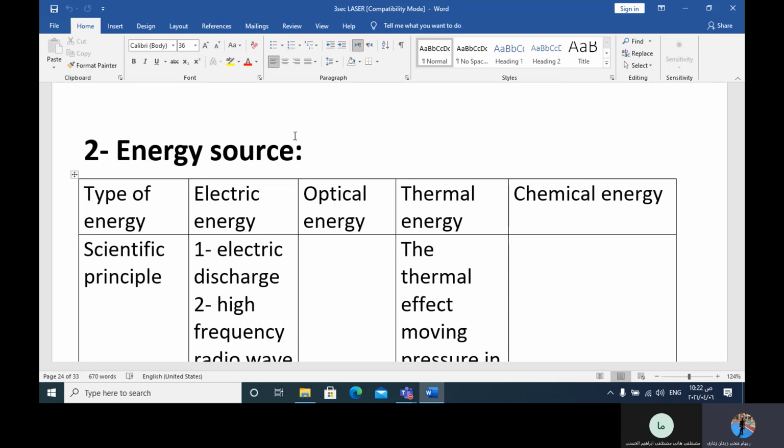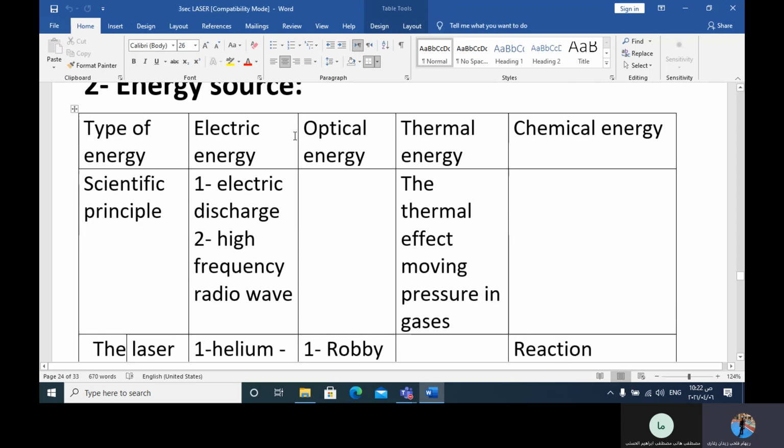The energy sources of laser can be electric energy or optical energy. It can also be thermal energy or chemical energy. Now these are the main categories of energies used for laser as a source of energy: electric, optical, thermal, and chemical. Now let's talk about the principle of each one.